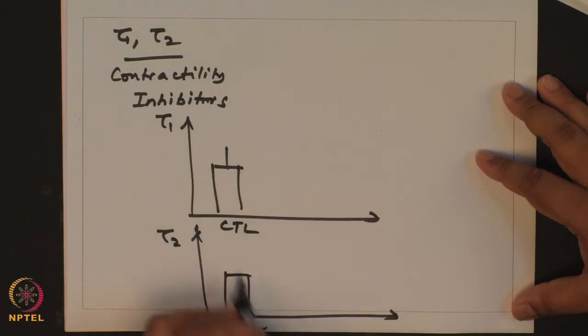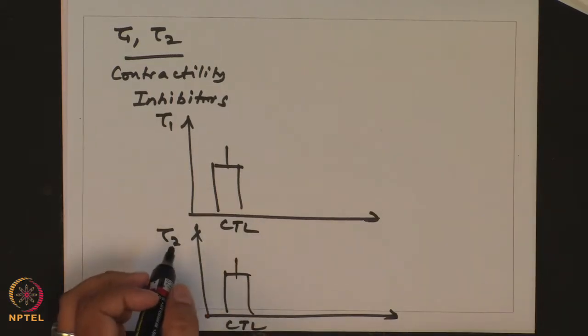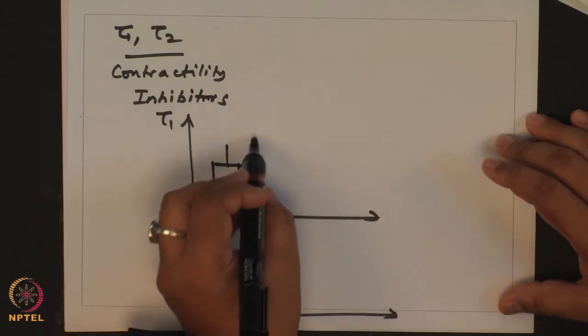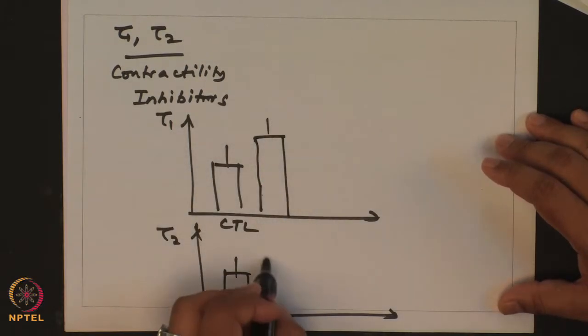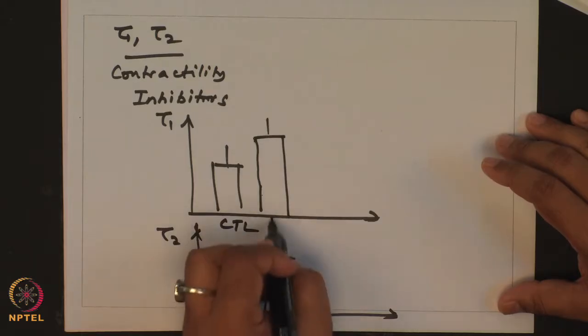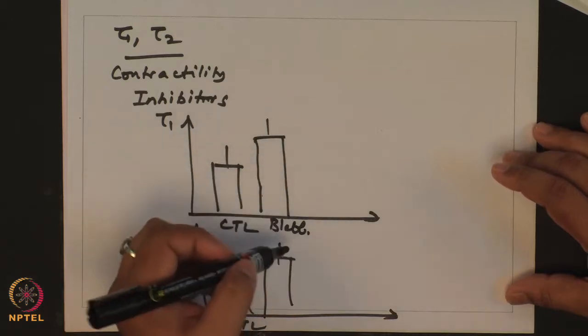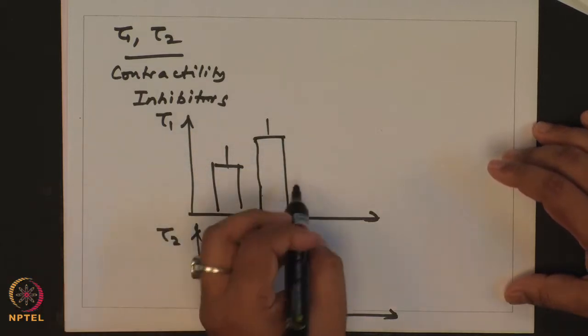When I treat them with drugs like blebbistatin, which inhibits contractility, both these time constants tend to increase.